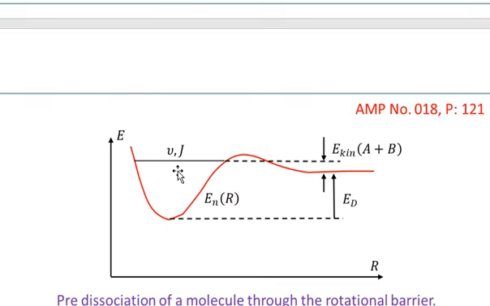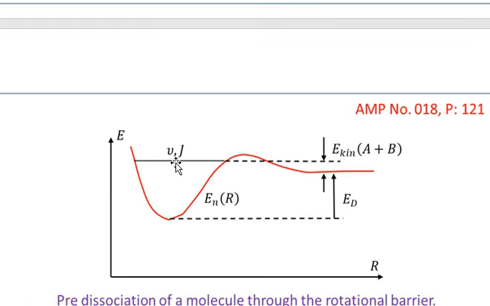This level, which is the vibrational level corresponding to the quantum number J, is lying below the maximum value of the potential, but lies beyond the value of the dissociation energy. Even then, a molecule can exist in this level in a stable state.